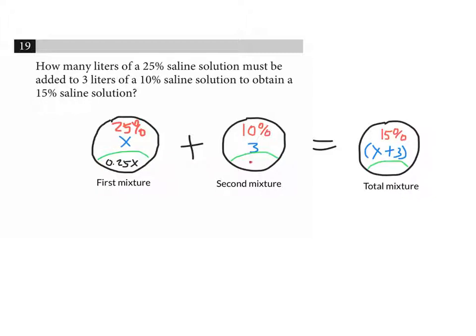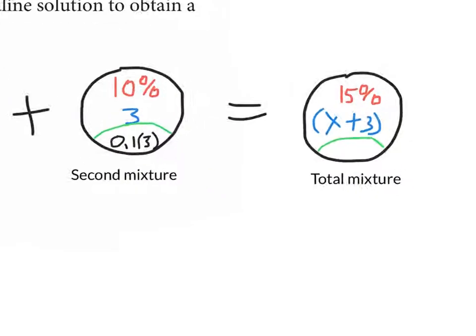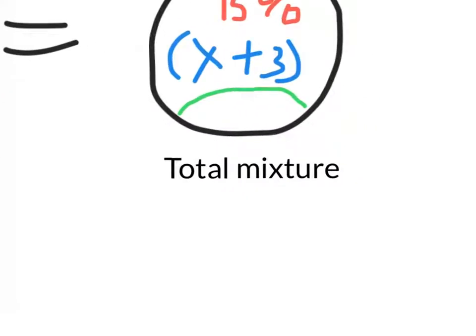And then over here, it's going to be 0.1 times 3. Just put the 3 in parentheses. And then over here, it's going to be 0.15 times the entire quantity of X plus 3.